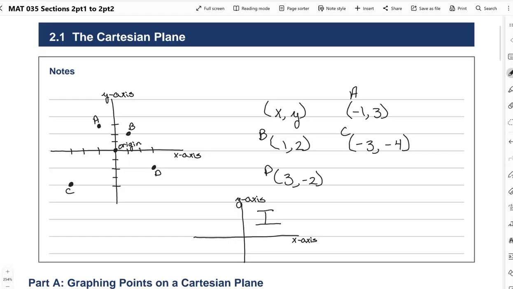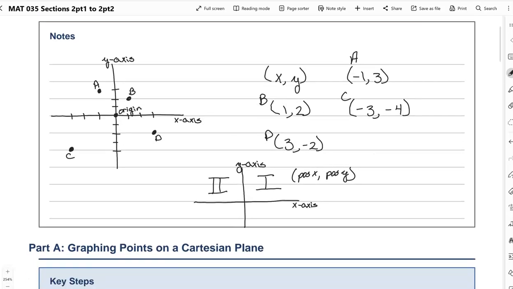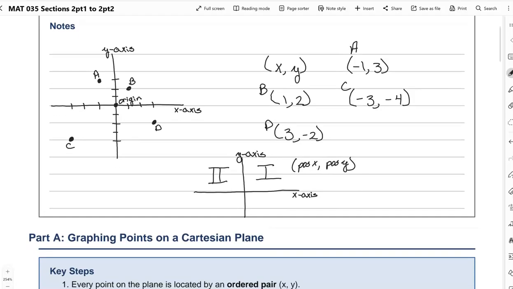Point B was in quadrant 1, so it's going to have a positive x and a positive y. This quadrant to the left of 1 is quadrant 2. We're going to move in a counterclockwise direction. In quadrant 2, my x's are negative and my y's are positive.